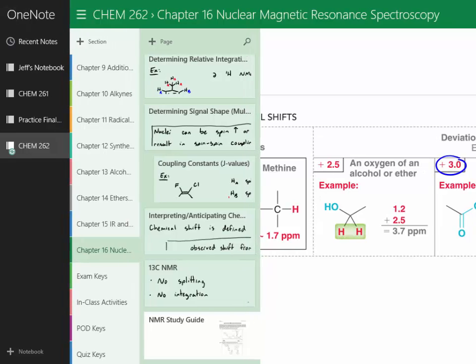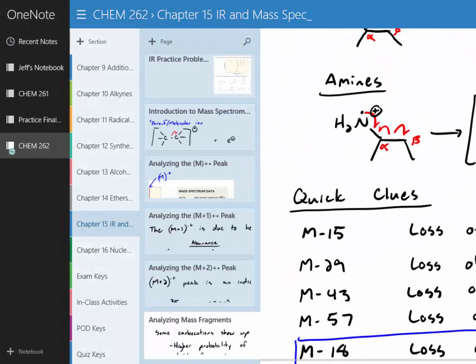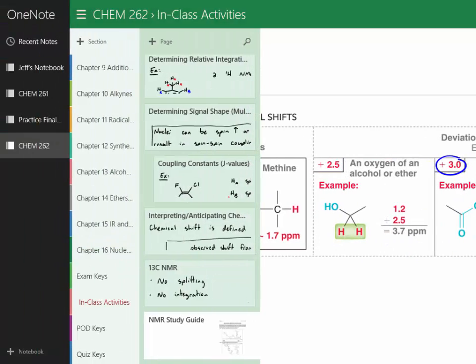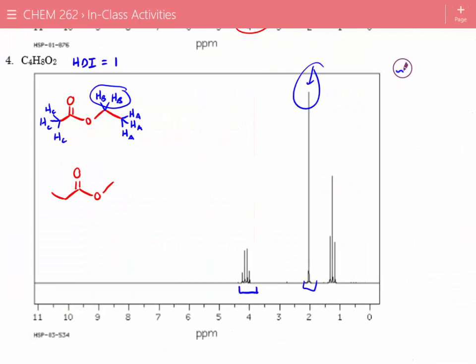So that quartet should show up somewhere around 4.2. And exactly, it's right over here. So we know that this is probably going to be HB. This singlet over here could be HC, and this one would be HA.